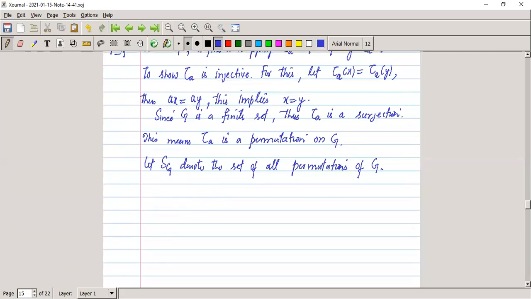And let G' be the set of permutations tau_a defined on the elements of G.